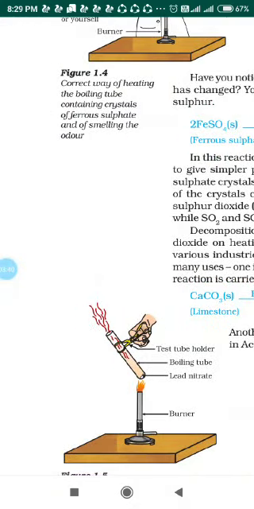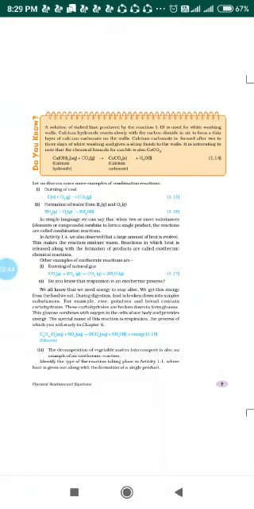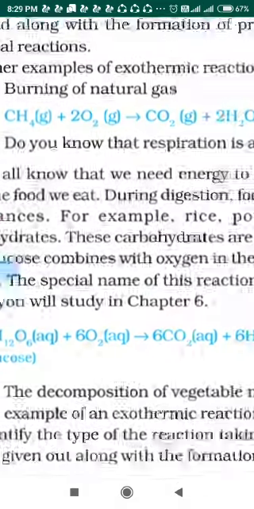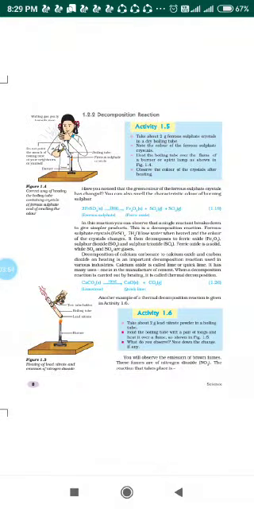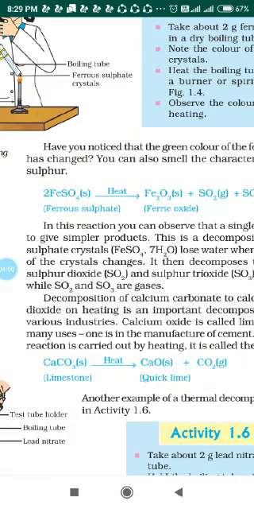Now we read about the other chemical reaction, decomposition reaction. The chemical reaction in which a substance is broken down into two or more new substances is called decomposition reaction.